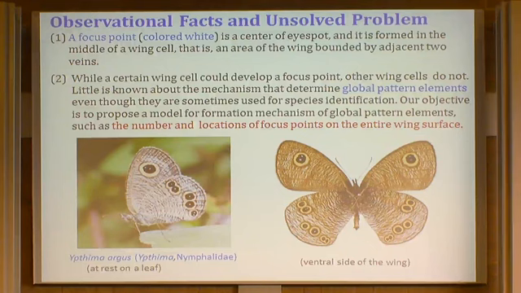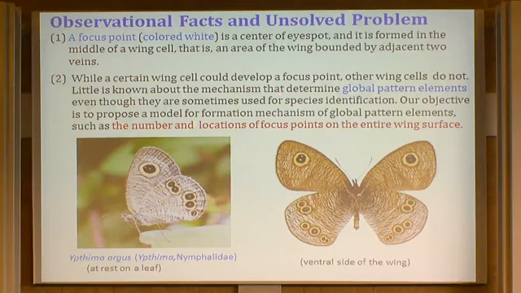If we look at the total wing, this is called a global pattern, and little is known about the mechanism that determines the global pattern elements, even though they are sometimes used for species identification.